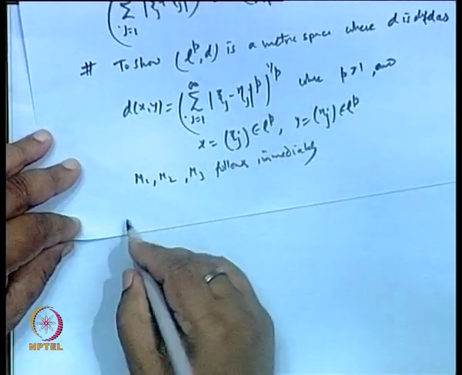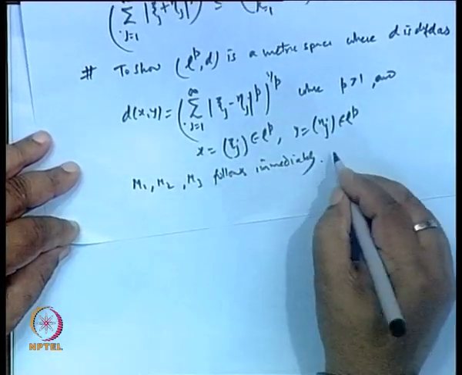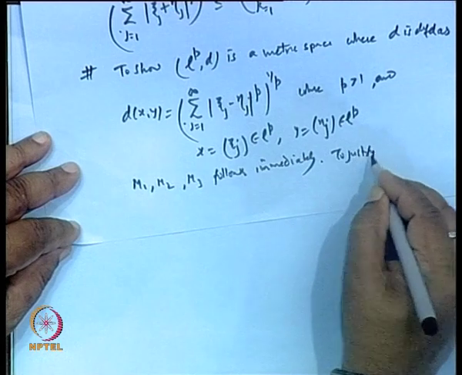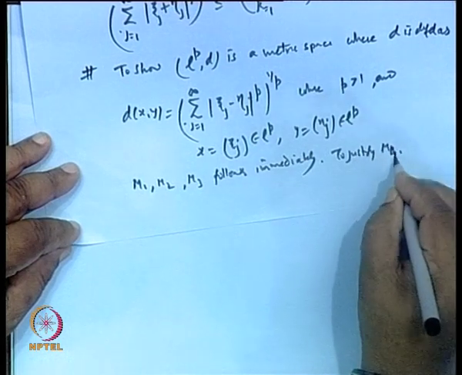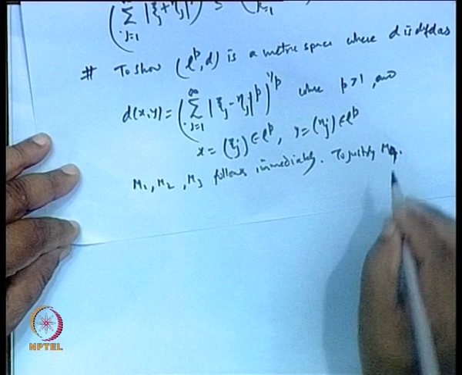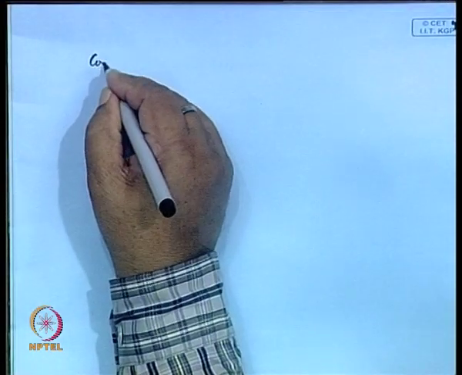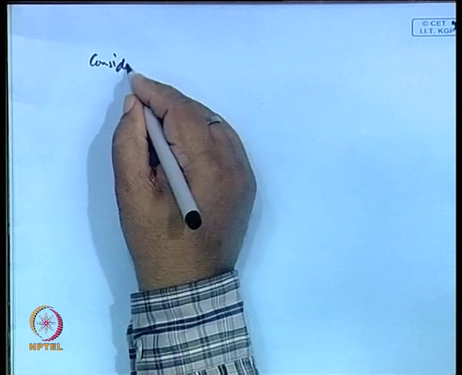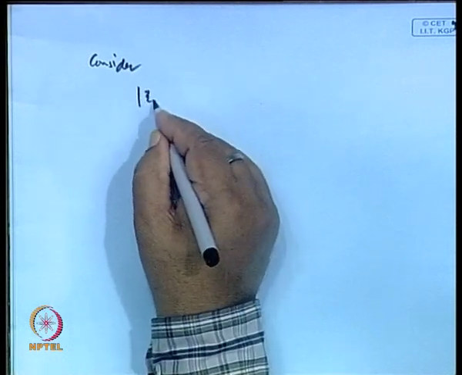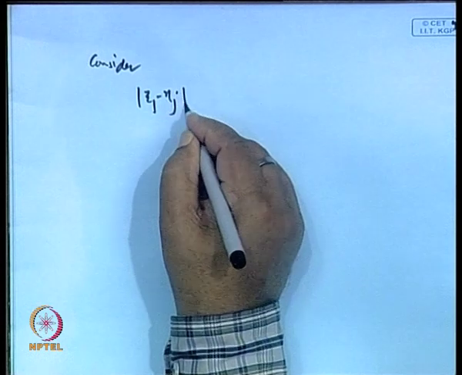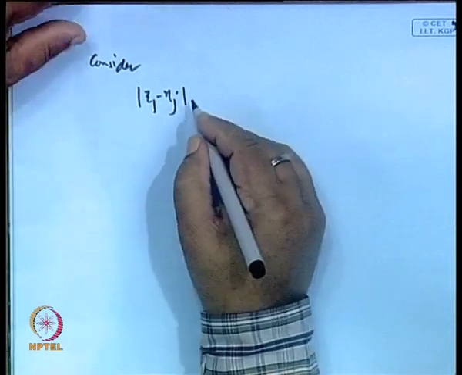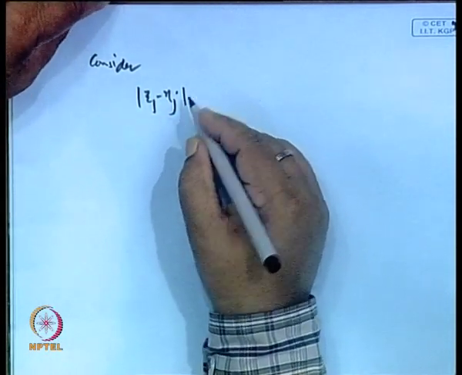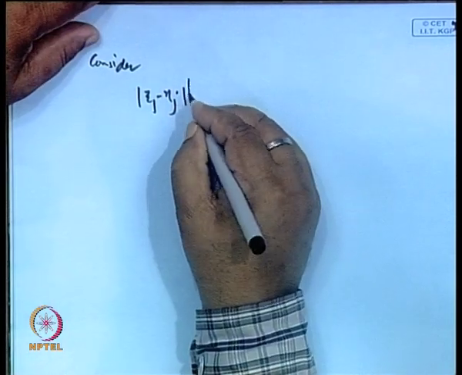For M4, to justify M4, what we do is we consider mod of xi j minus eta j, power p.